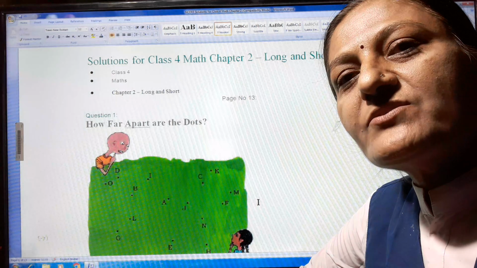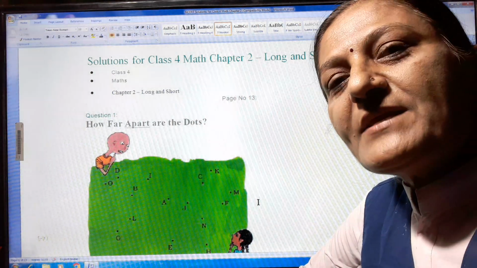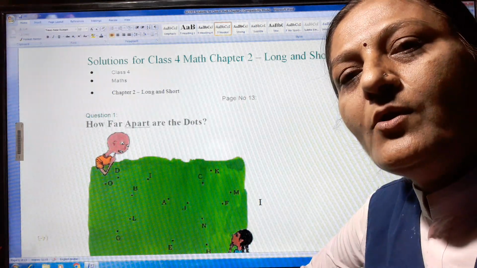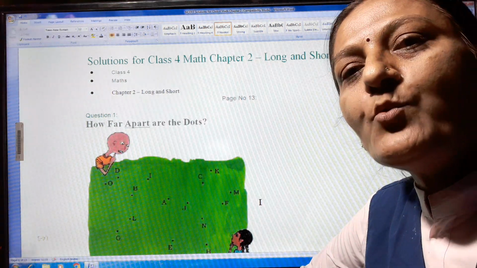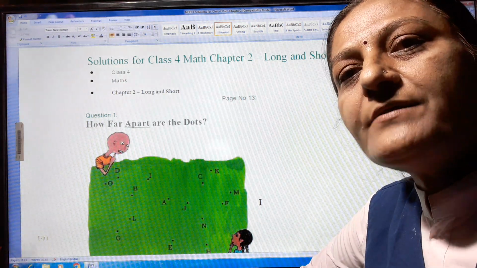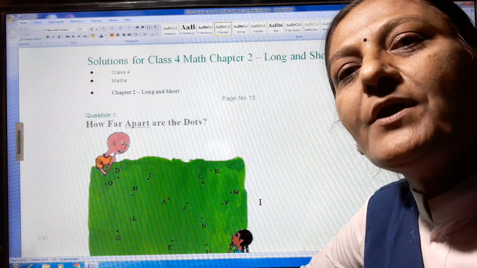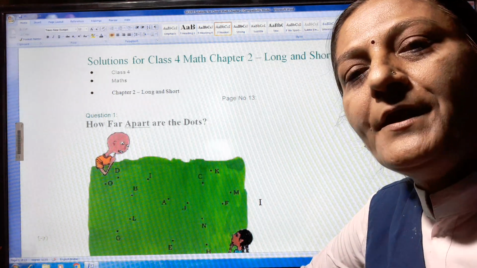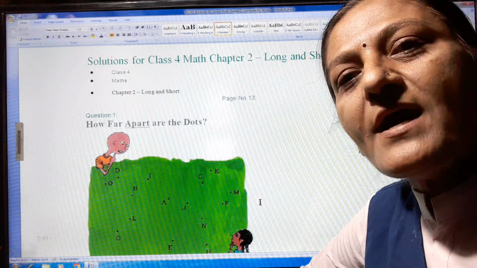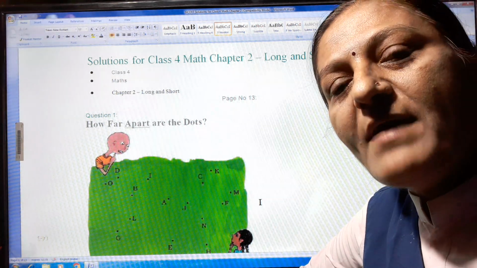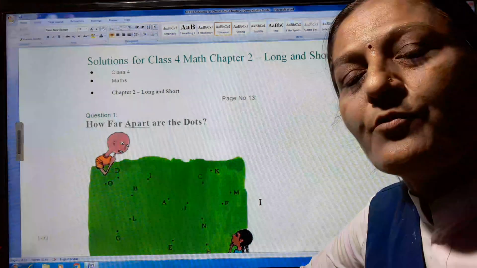In the previous lecture, the explanation of chapter 2, Long and Short, was already completed. Now today, let us start the solution of chapter number 2. All the students, note down these questions and answers in your mathematics notebook.